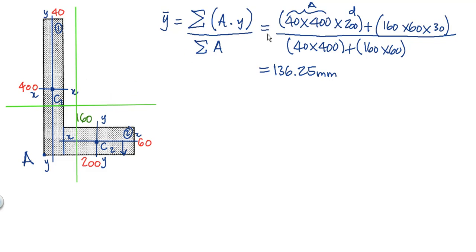It means that this distance here is the distance from A all the way up to there, and that's bar y, and it's equal to 136.25. Okay, and that there is the x axis.